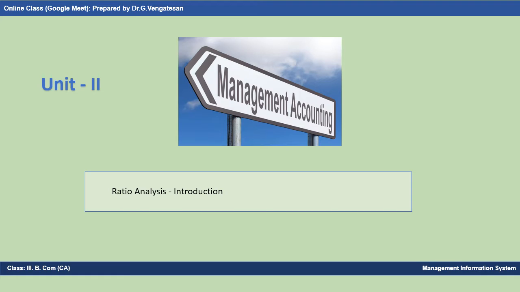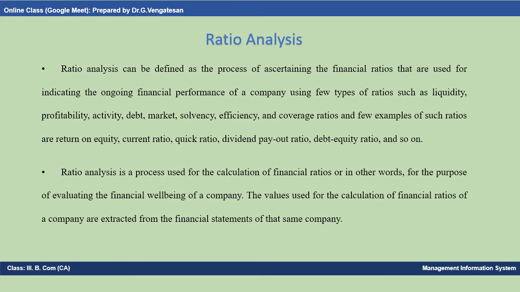Now this is the introduction part. Ratio analysis can be defined as the process of ascertaining the financial ratios that are used for indicating the ongoing financial performance of a company, using types of ratios such as liquidity, profitability, activity, debt, market, solvency, efficiency, and coverage ratio.